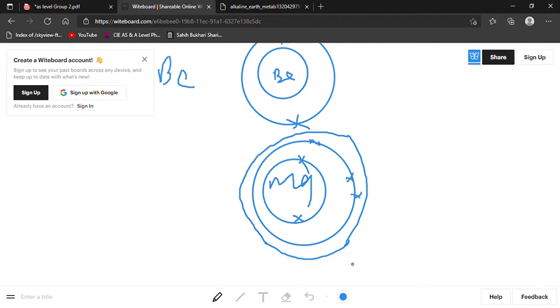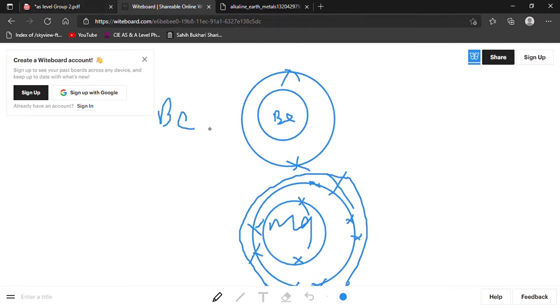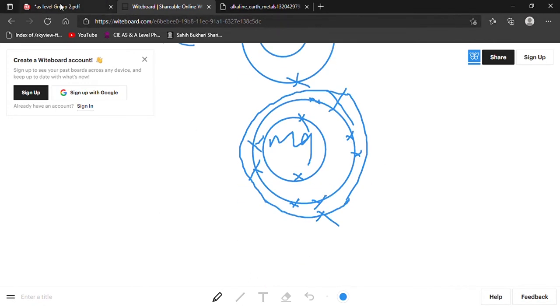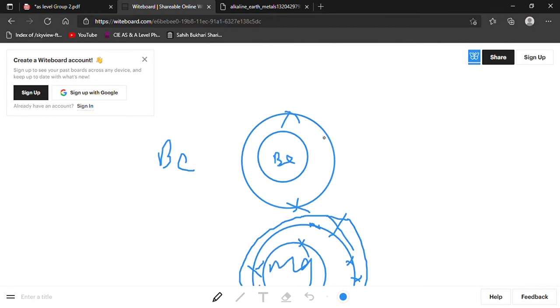So this one shall contain 8 electrons, and the outer shell contains 2 electrons. So down the group, the number of shells keeps on increasing, and at last we have only 2 electrons in the outer shell.